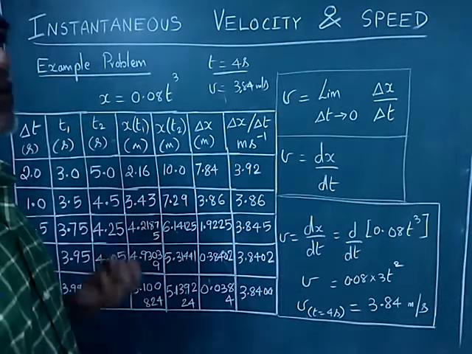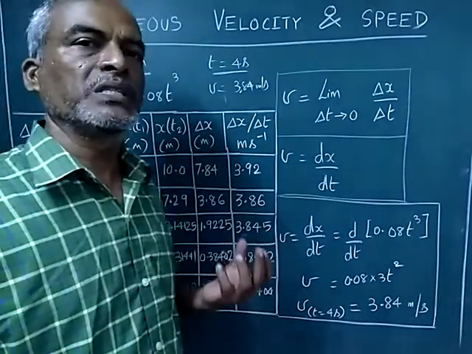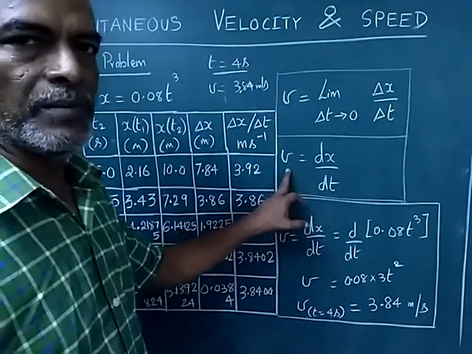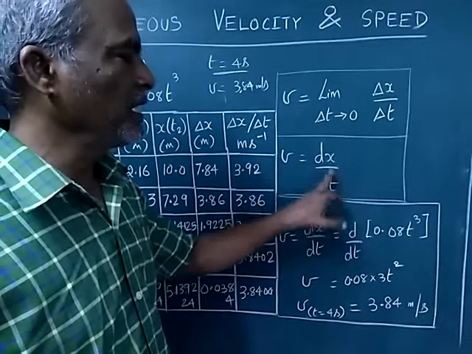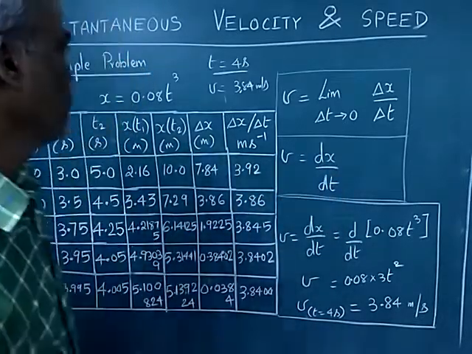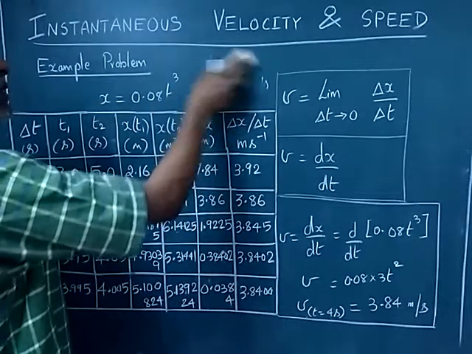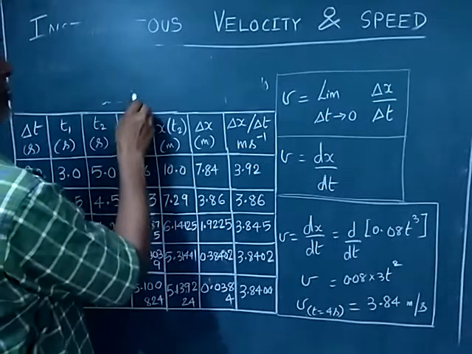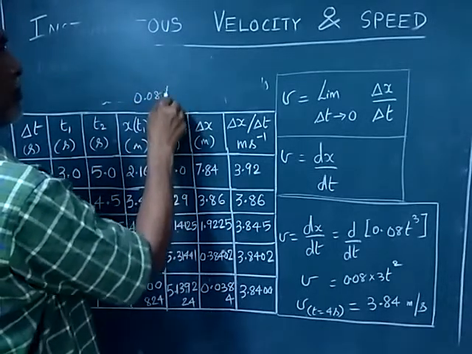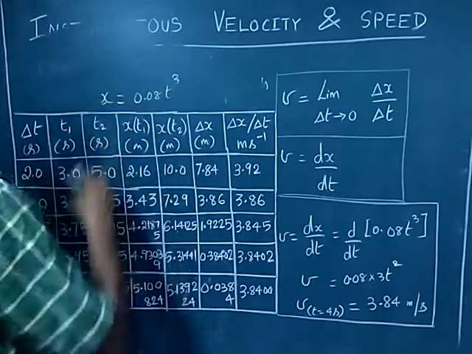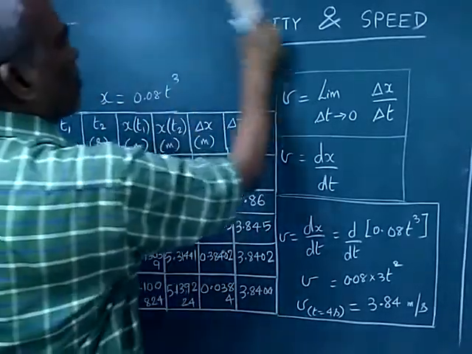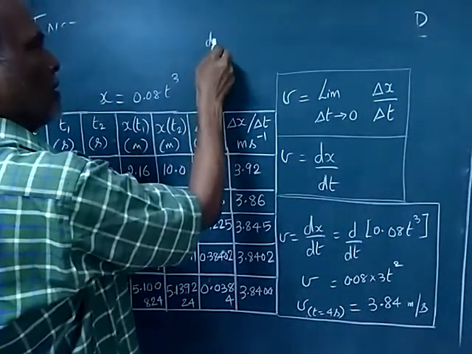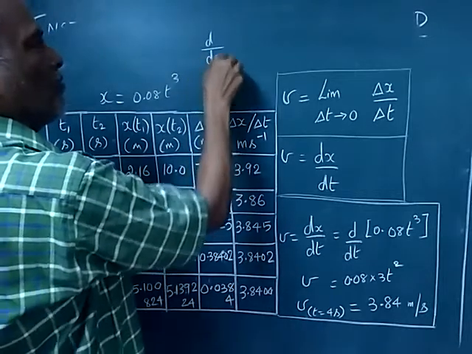Okay, but we have a simple solution. If we know differentiation, we can solve the same problem easily by making use of the formula velocity V is equal to dx by dt, rate of change of distance. So for that, the formula we are going to use is the general formula, d by dx of x power n.